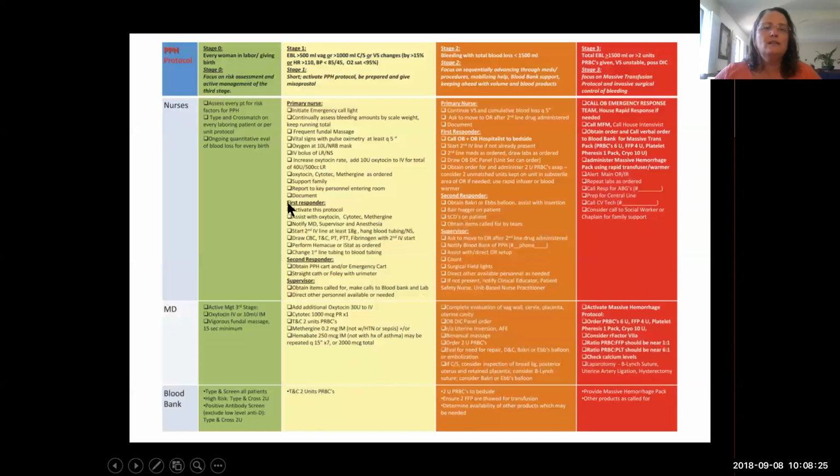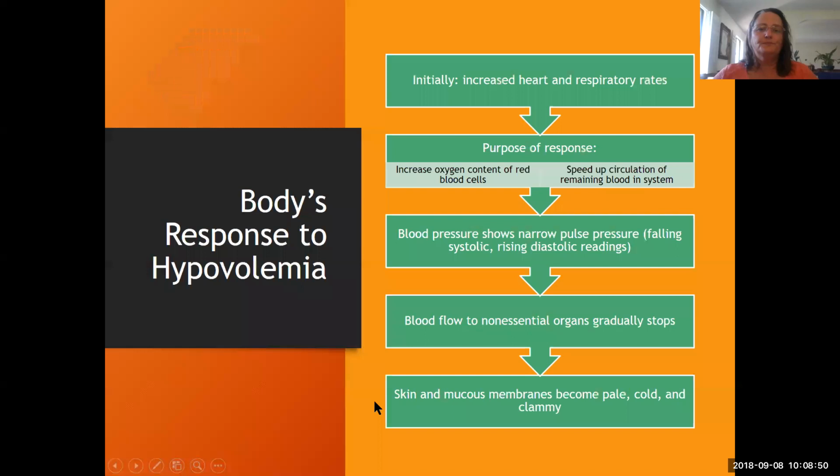But what it is in our stages, and I've showed some of this to you because it sits on top of our hemorrhage cart, but it tells you what our roles are and what we're actually supposed to do in each stage. So then there's no question, everyone's getting the same standard of care. All the doctors are following the same policies instead of just making things up as they go. And this has really made a difference in being able to save women's lives.